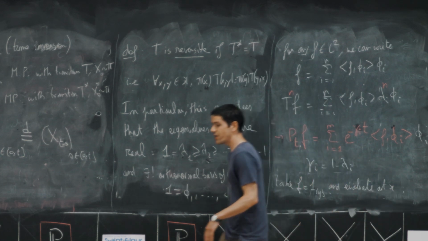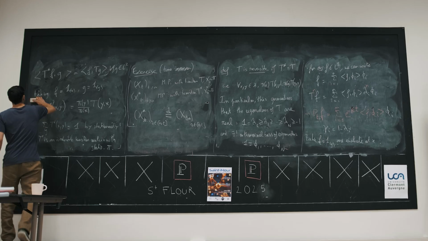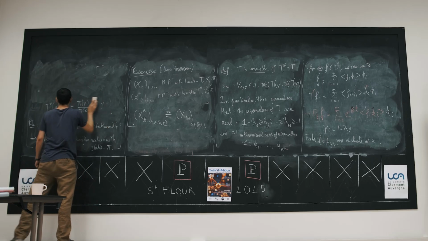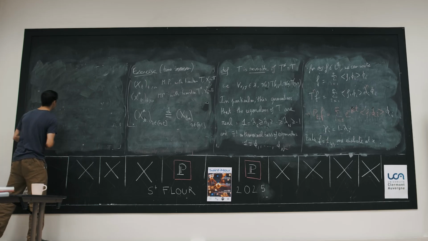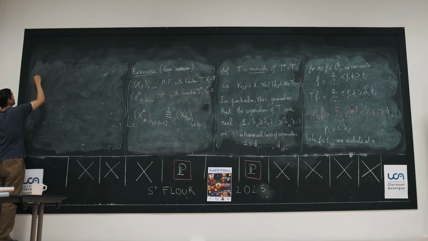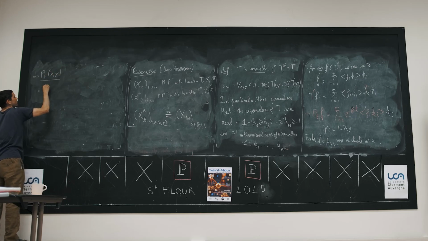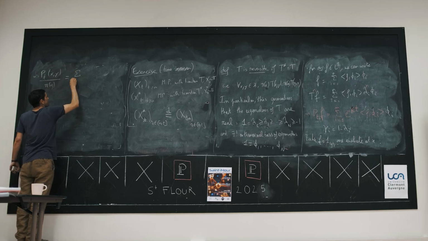And what you get is this nice expression for the distribution at time t starting from x. Maybe I'm going to normalize it just like this. And then what you get is this nice expression.